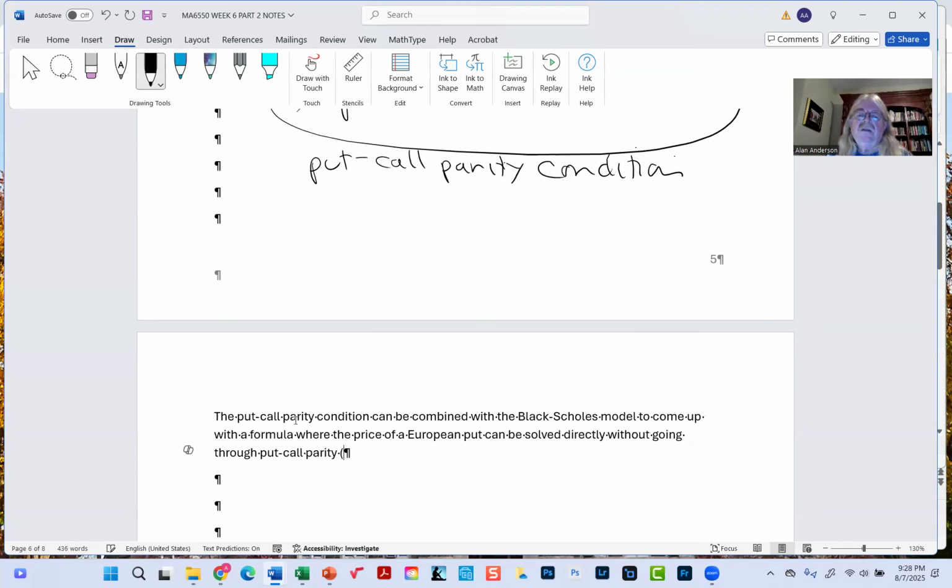In other words, we don't need to know the price of the corresponding European call option.